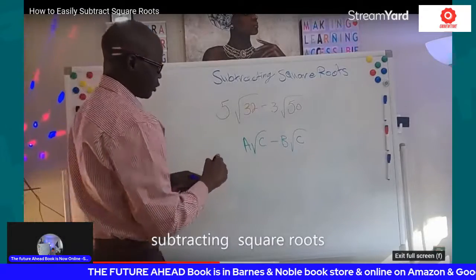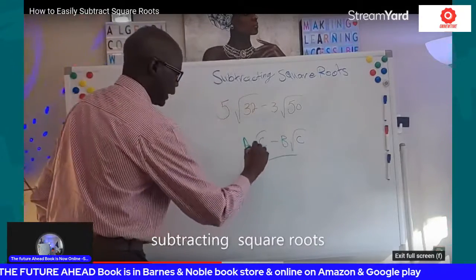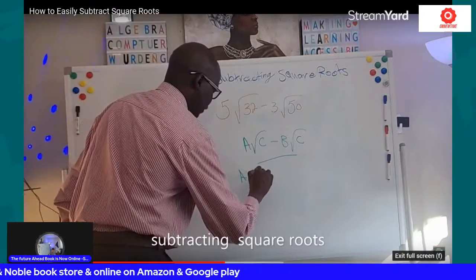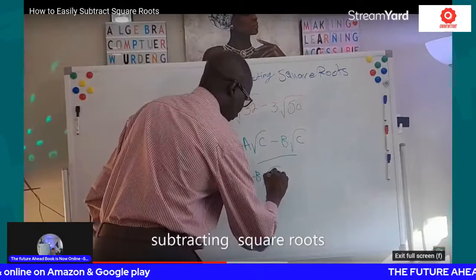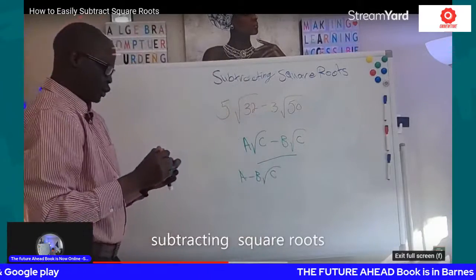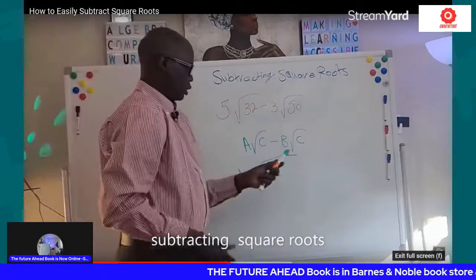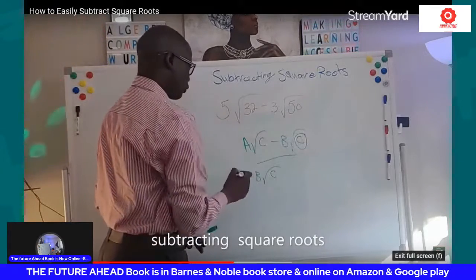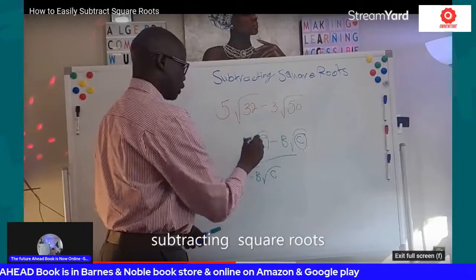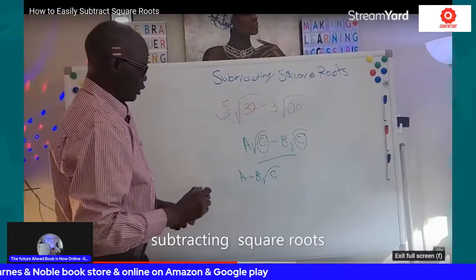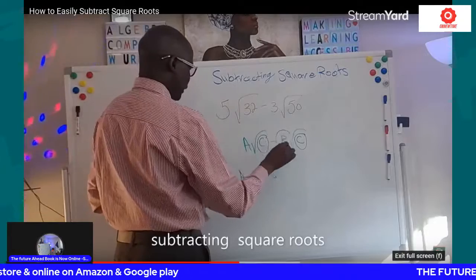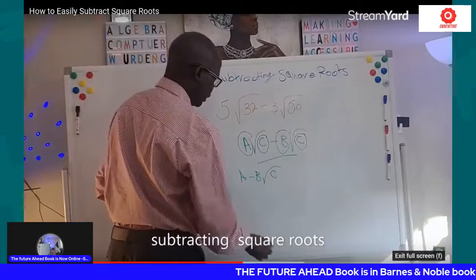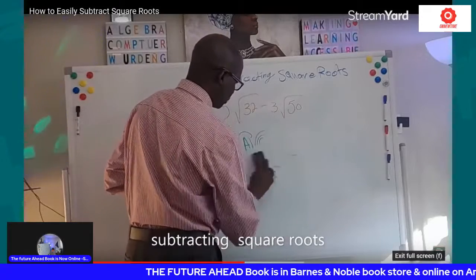From here, you can say A minus B times the square root of C. And that's what we're trying to do here, because the square root of C is the same thing as the square root of C, so you'll be able to subtract B from A times the square root of C. And that's exactly what we're trying to do in this example.